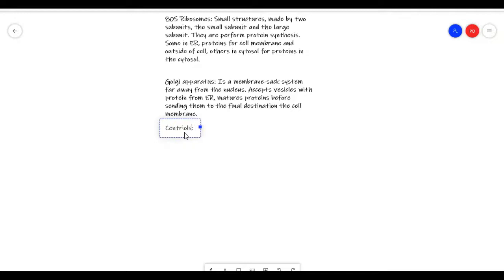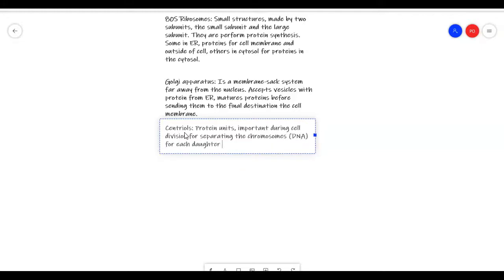Centrioles are protein units important during cell division for separating the chromosomes, that's DNA, for each daughter cell, also for separating or dividing the organelles between the two daughter cells.